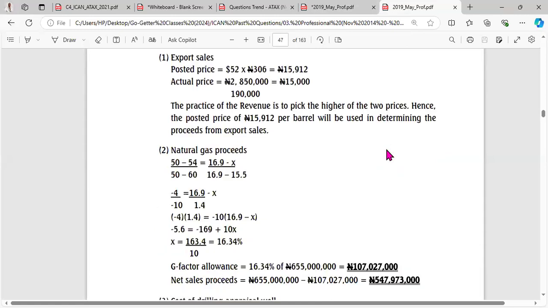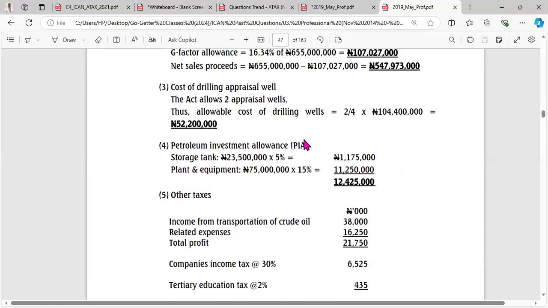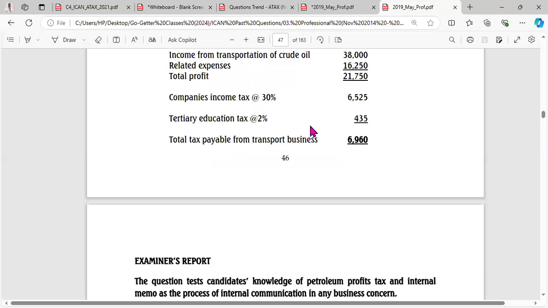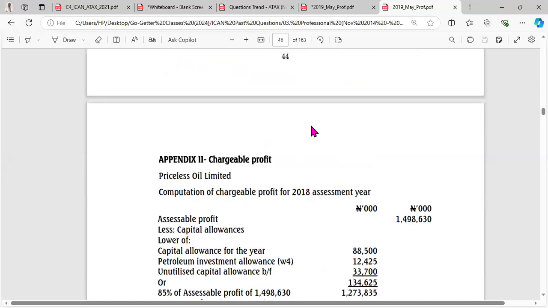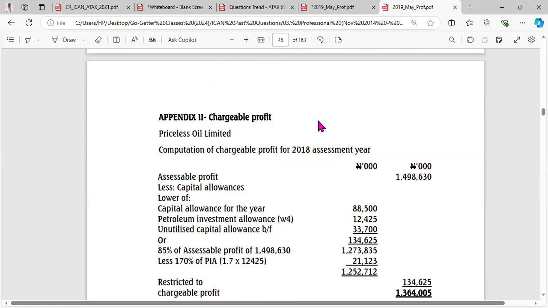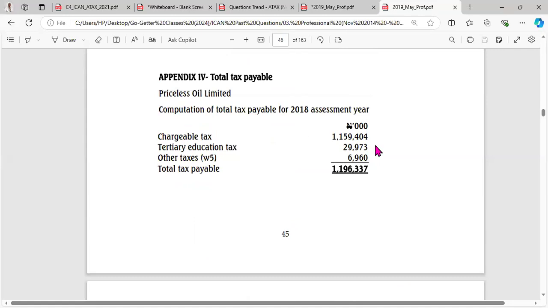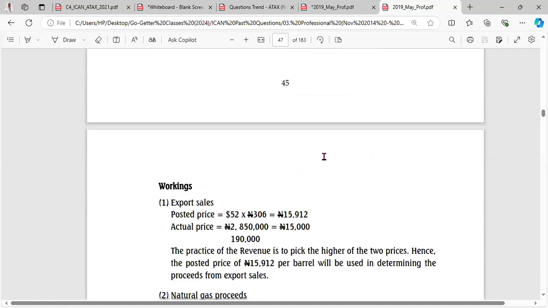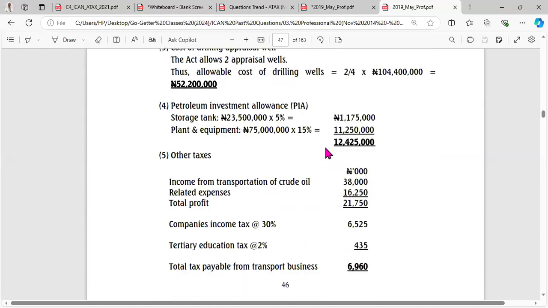What is the TET I just saw now? Just a moment. I want to see what they did that we may be missing. Where did they calculate their TET?